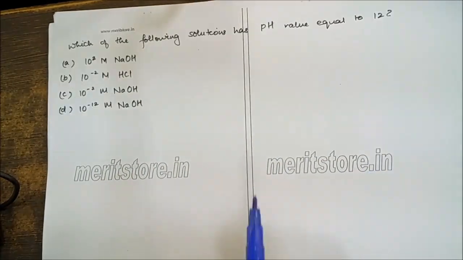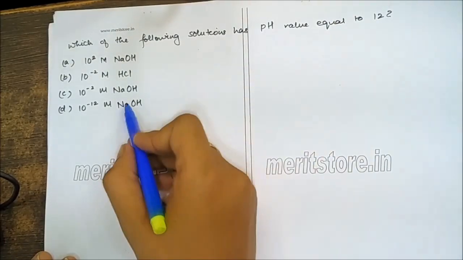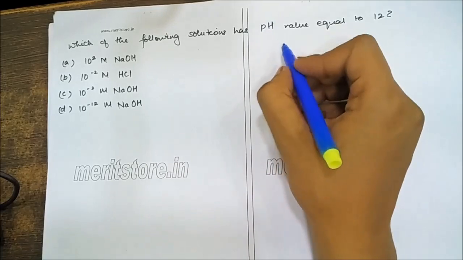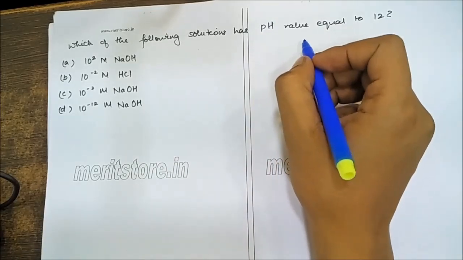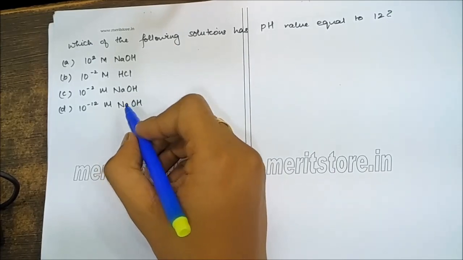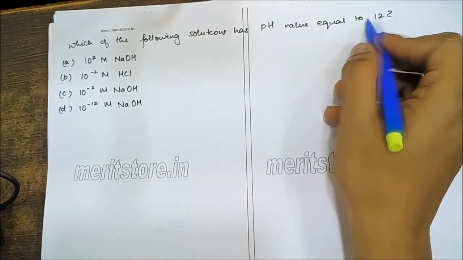Next question. Which of the following solution has pH equal to 12? Remember, they are asking me pH and they are giving me the concentration of OH. So you have to be very careful. So look here. Which of the following has a pH equal to 12? Now let's consider this solution which is having pH equal to 12.